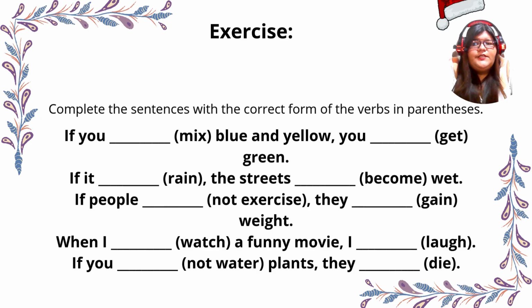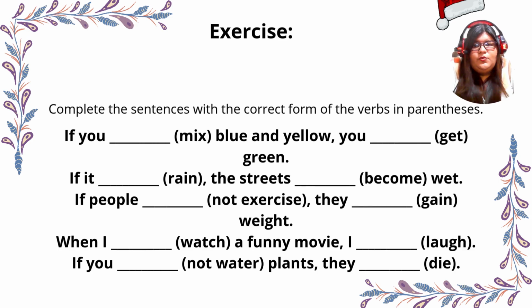If it rains, the streets become wet. That's a fact, right? If people don't exercise, they gain weight. When I watch a funny movie, I laugh. If you don't water plants, they die. Okay, I will try to make maybe a difficult one, like here in negative.